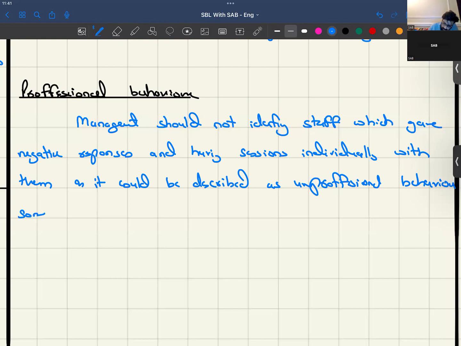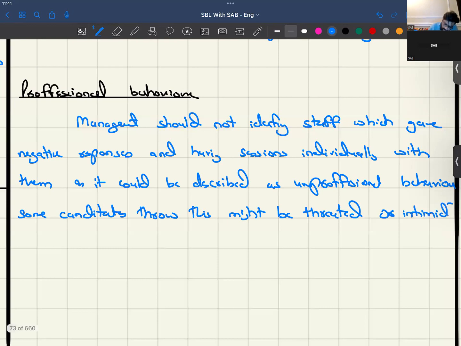Some candidates might be threatened, or intimidated, through this, by the comments they made at the survey. So they could be a possible threat to this, right?